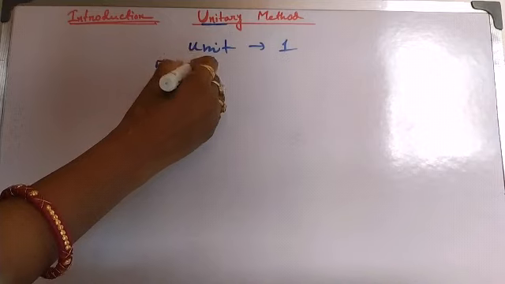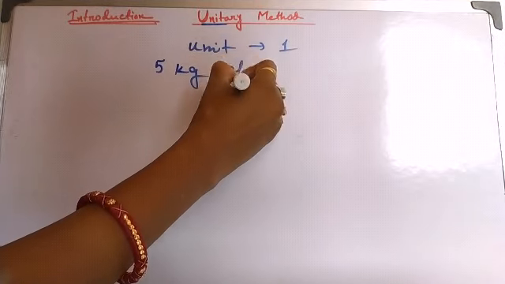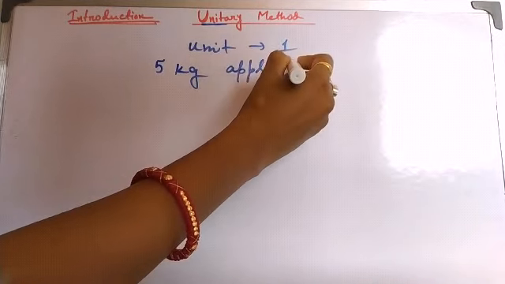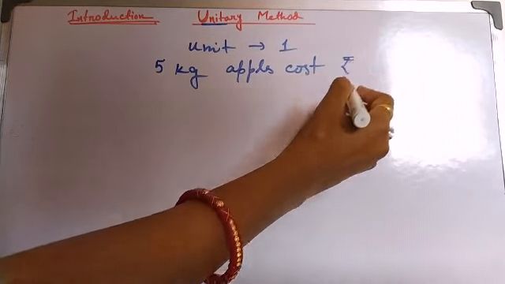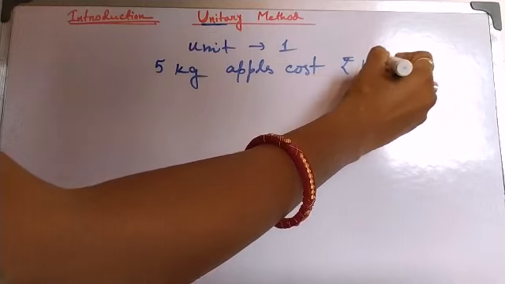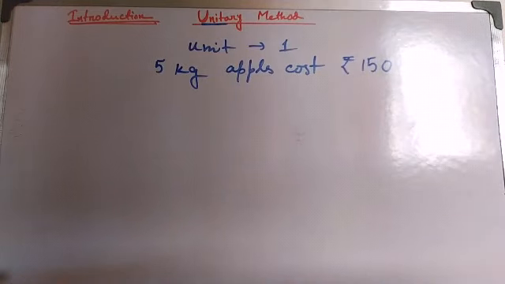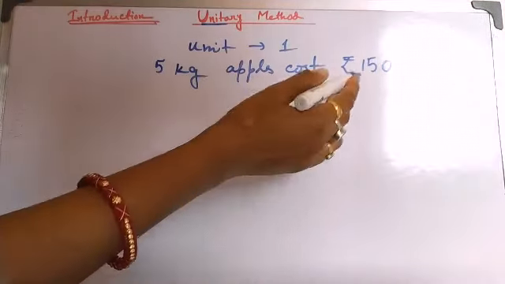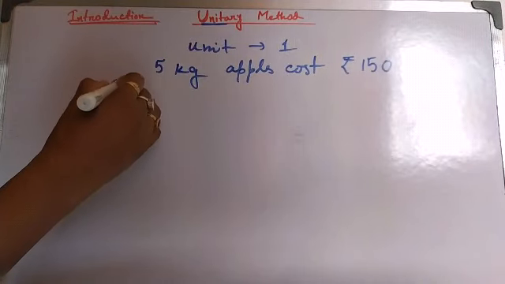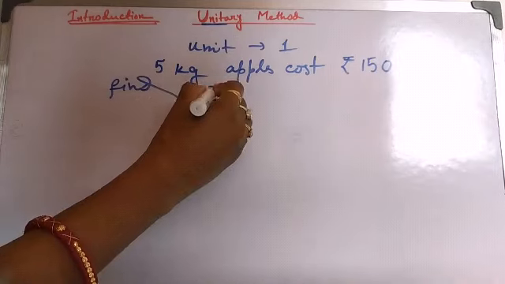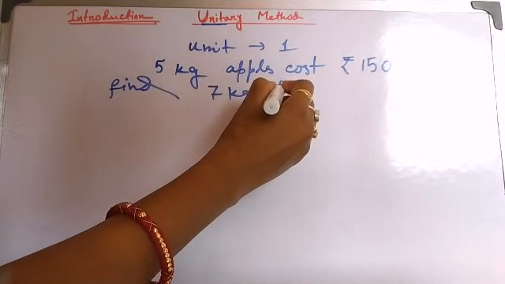Suppose 5 kg apples cost rupees 150. Then here we have to find the cost of 7 kg apples.